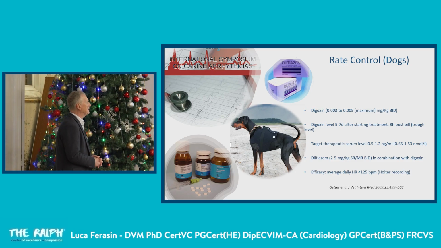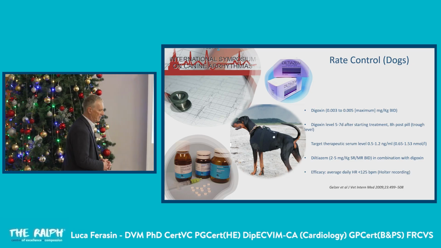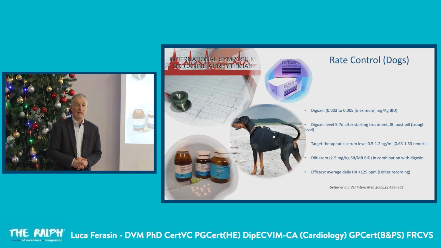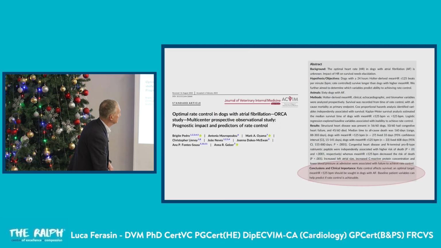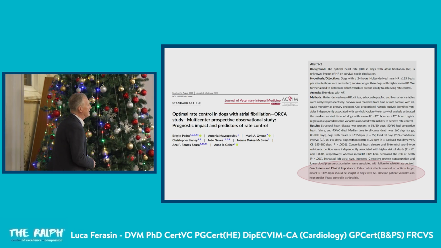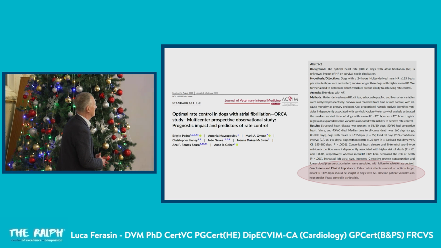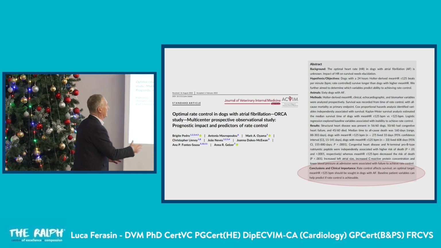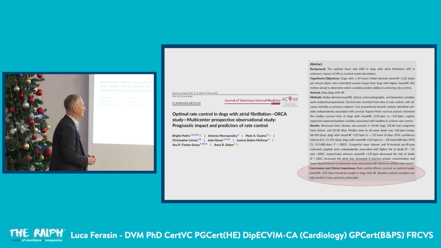And the target heart rate should be less than 125 beats per minute as an average throughout the 24 hours. And that's also supported by this study that pretty much reflects what Anna Gelser said in 2009. And again, they said that the optimal target mean heart rate should be less than 125.